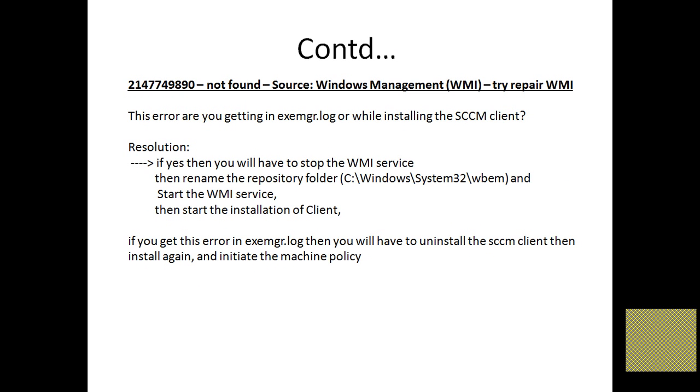So one which we have noted here is the WMI repair. If you find any error in the .exemgr.log file while installing the SCCM client, try stopping the WMI service, renaming the repository folder, and starting the WMI service, which helps us in installing the SCCM client.